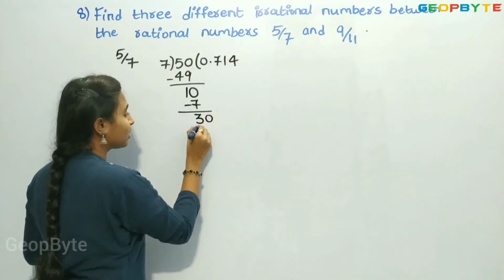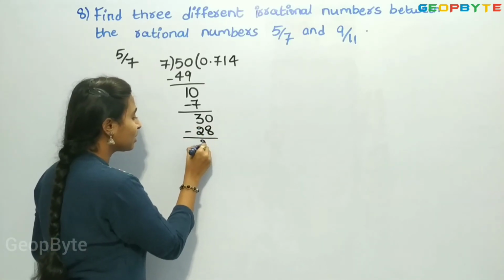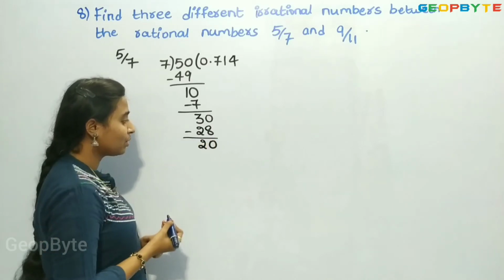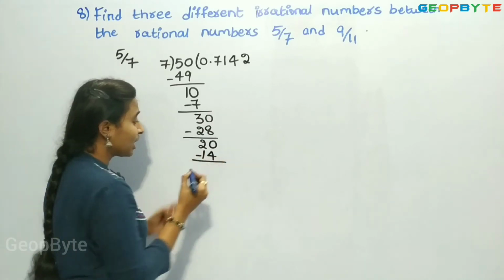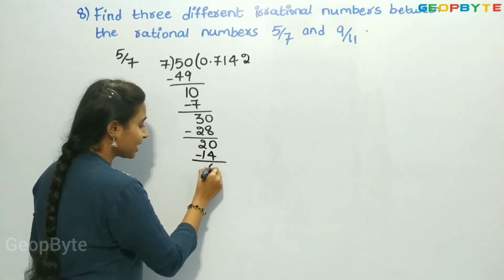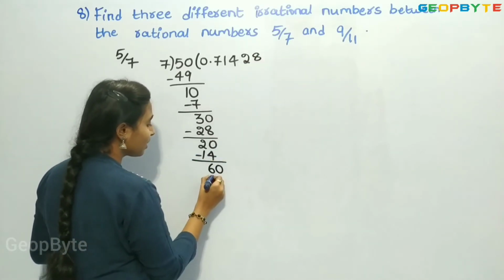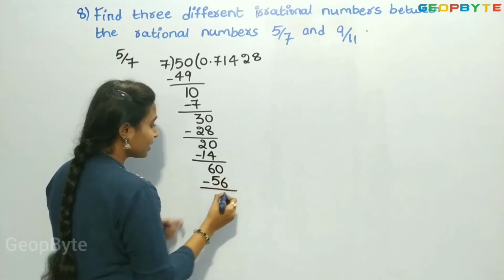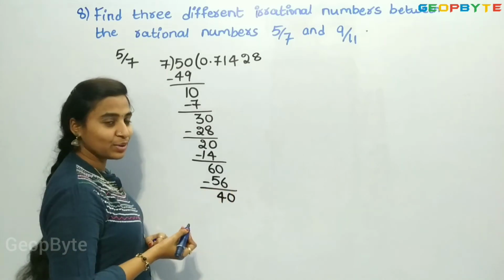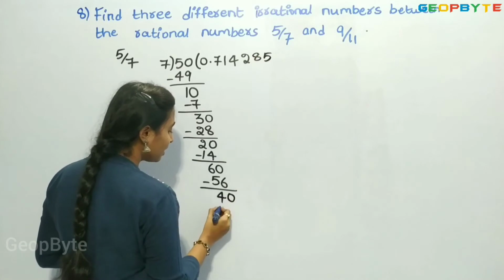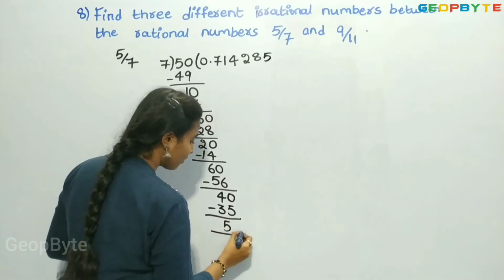Now, again put a 0. 7 fours are 28. 30 minus 28, 2. Again 0. 7 twos are 14. 20 minus 14, 6. 0. 7 eights are 56. 60 minus 56, 4. 0. 7 fives are 35. 40 minus 35, 5.